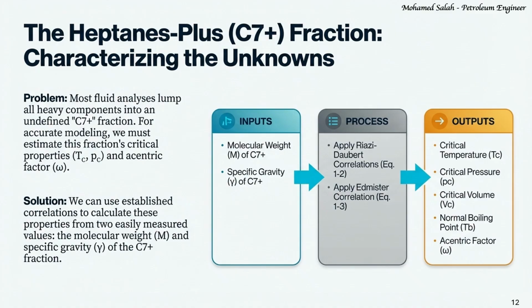For accurate reservoir modeling, particularly with equations of state, the heavy, undefined C7+ fraction must be properly characterized. This is a significant problem because all components heavier than hexane are lumped together. To model this fraction, we must estimate its critical properties: critical temperature, critical pressure, and acentric factor.